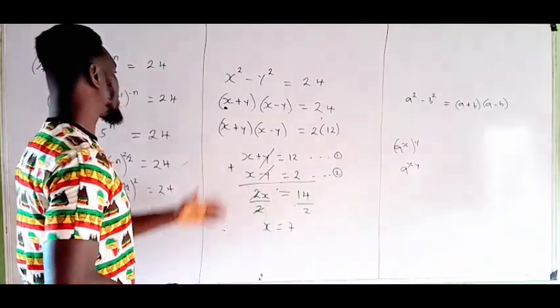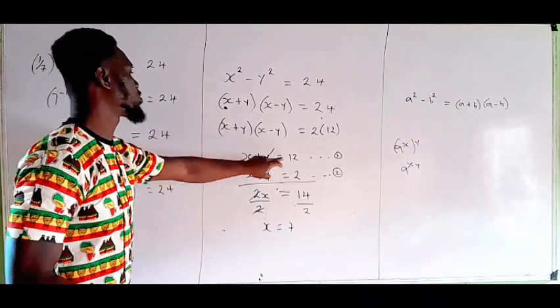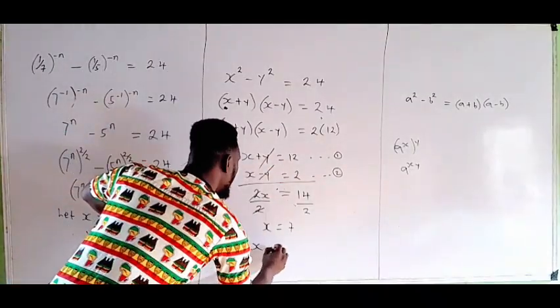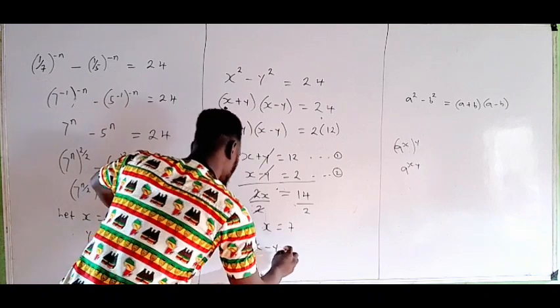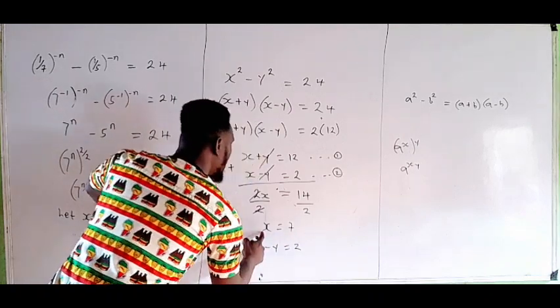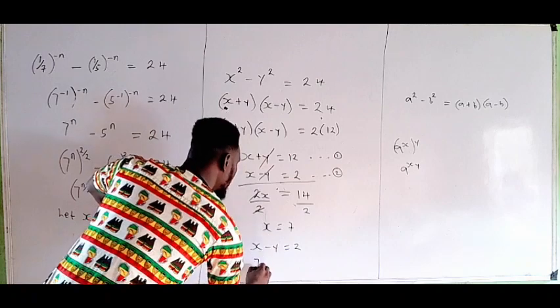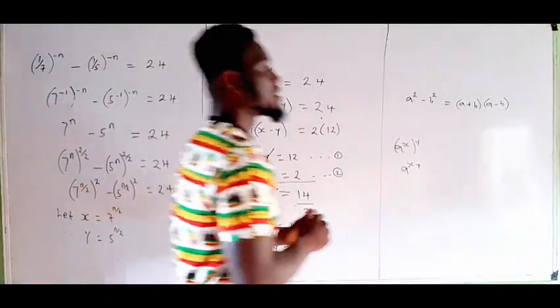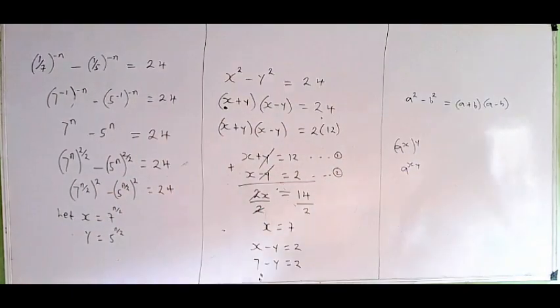So we can easily get y by substituting into any of these equations. If I go back to equation 2, that's x minus y equals to 2. I already know that my x is 7, so this is 7 minus y equals to 2.